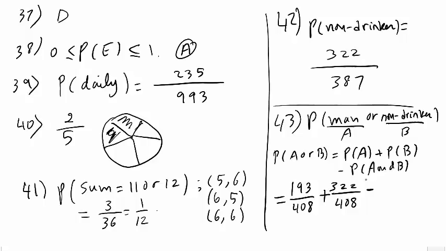For the man, you go to the man and draw a horizontal line. For non-drinker, draw a vertical line from non-drinker. Where the horizontal and vertical meet is your number. We have 135 men who do not drink, so it's minus 135 over 408. So you just add those two numbers and then subtract, and you get your answer. If you do the math, it would be 0.932. Let's go to the next question.